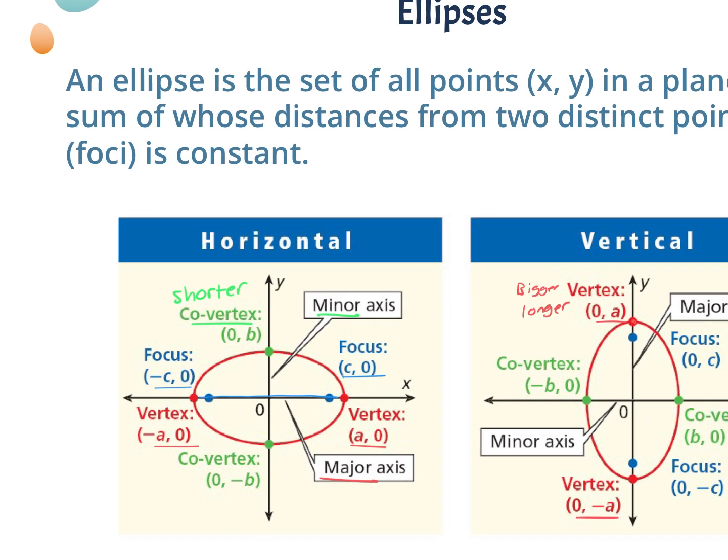You may remember in a parabola, the focus and the directrix had an equidistant property, like if you pick a point on a parabola, it's the same distance from the two.